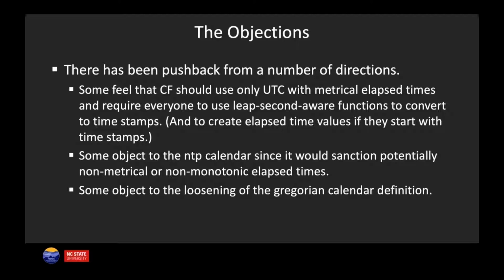If you do math, say this elapsed time minus this elapsed time, it ought to be 37, but it's 37.2, that kind of thing. So you can get unexpected results when you're trying to do math with your elapsed times, because they're not proper elapsed times anymore.